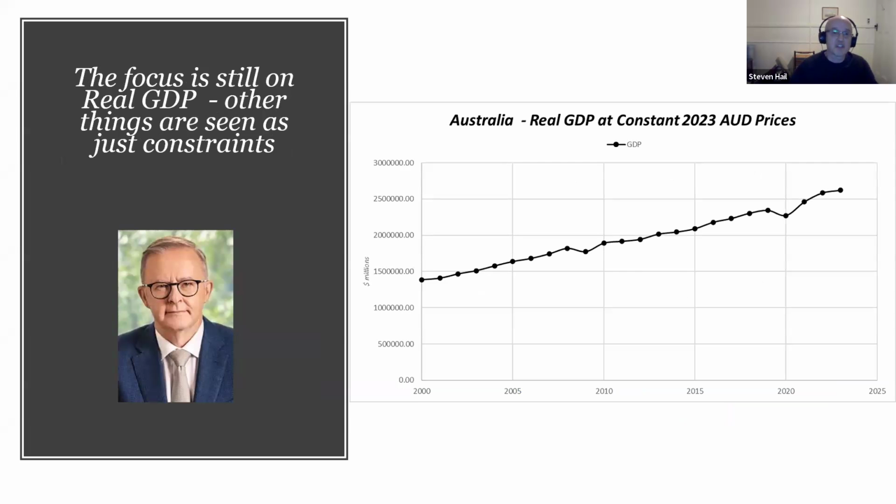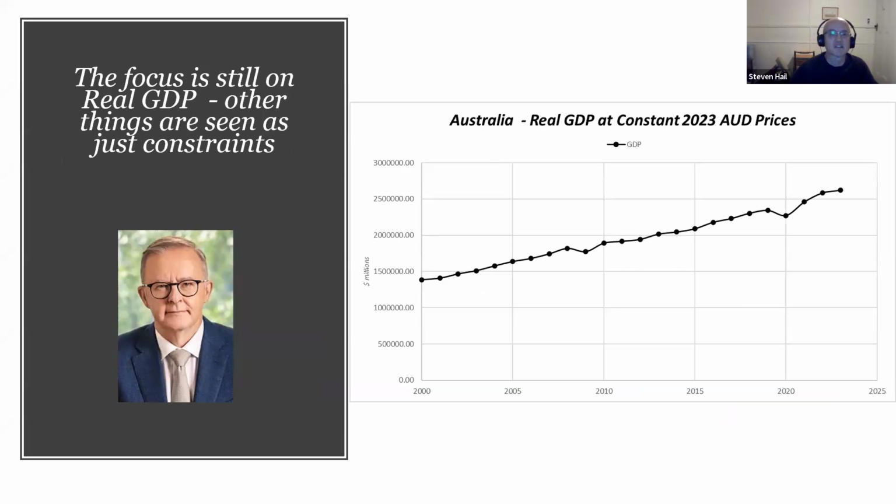Well, it doesn't matter whether you're talking about Australia or the US or China or virtually any country in the world. How things are judged at the moment is to look to see whether the economy is growing over time, how quickly it's growing.